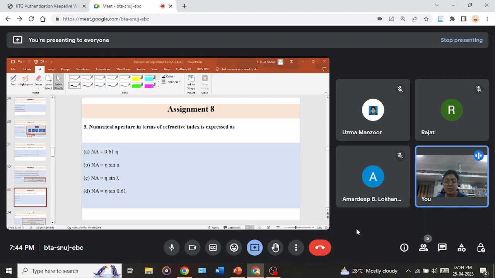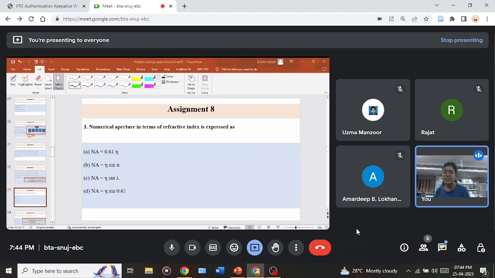So it is an extension of your previous question. Basically, what is this numerical aperture? Okay, I have got one answer as C, that is numerical aperture is equal to eta sine alpha. Okay, we will see whether it is correct or not.